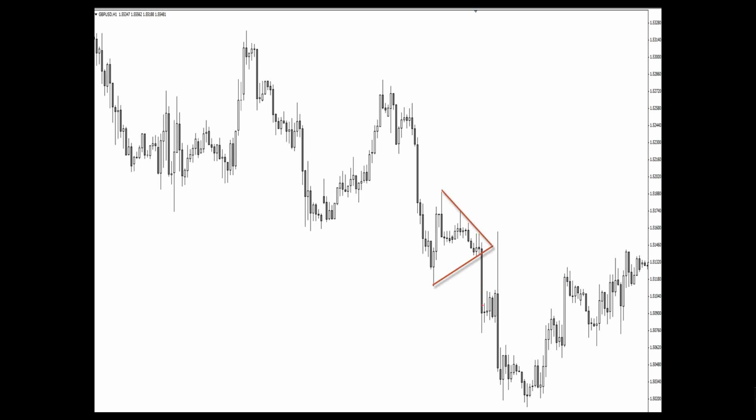So the breakout, you can trade it like this, placing the trade just below the low of this lower part of the triangle, or you can wait for a retest. Here is the retest and continuation, which is the breakout candle's low.